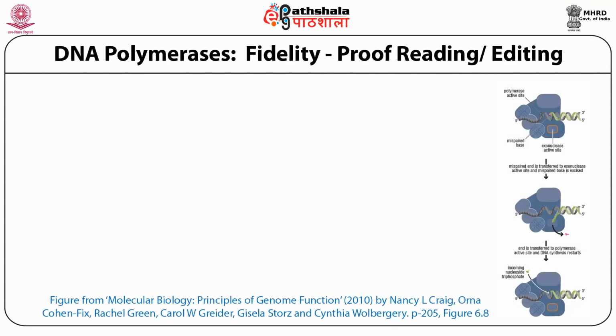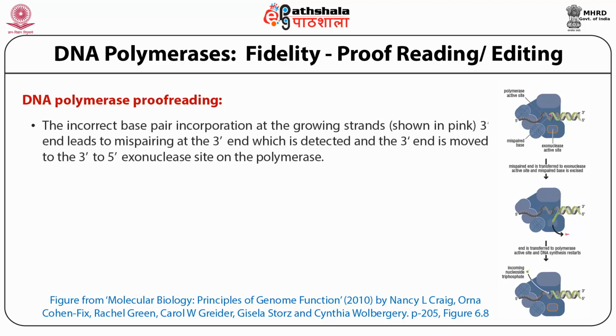This cartoon displays how DNA polymerase fidelity, or proofreading or editing, works. Here, as you see in the cartoon, the incorrect base pair incorporation at the growing strand, shown in pink, at the 3' end leads to mispairing at the 3' end, which is detected, and the 3' end is moved to the 3' to 5' exonuclease site on the polymerase.